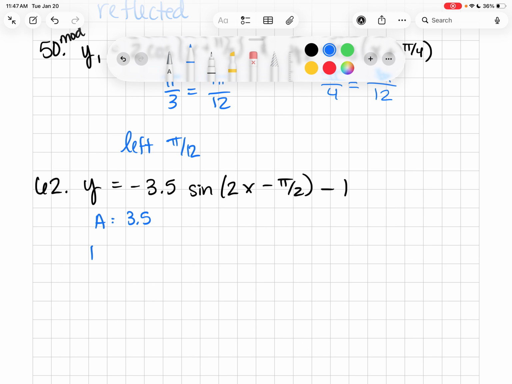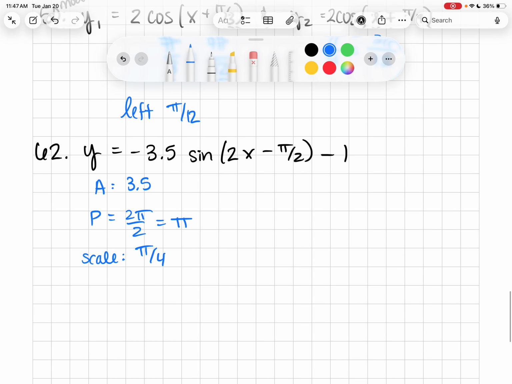The period of this one? 2 pi over 2, since B is 2. So this would be pi. So then my scaling, that's the word I've been looking for the whole time, the scale, or the increment, would be what? Pi over 4. Yep, pi over 4.